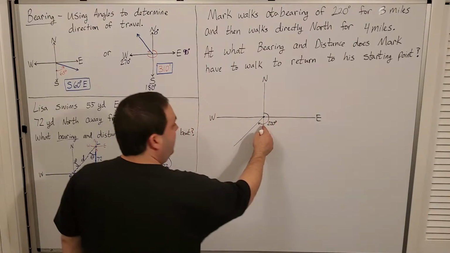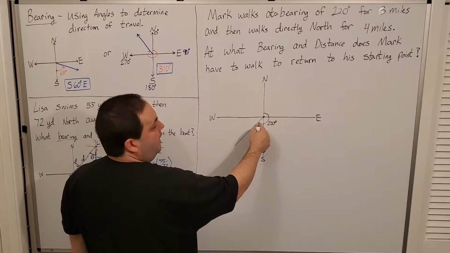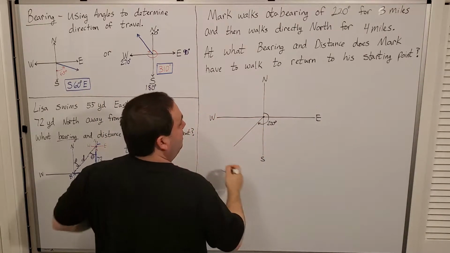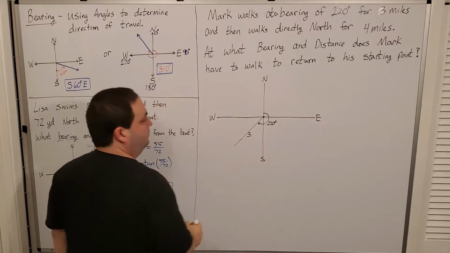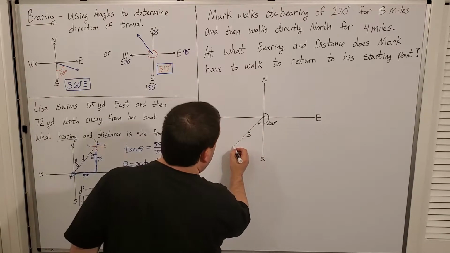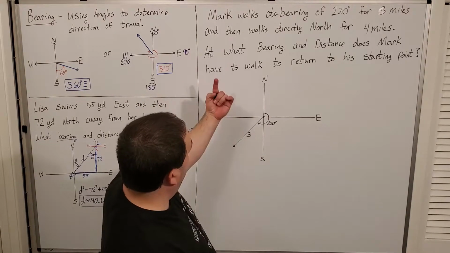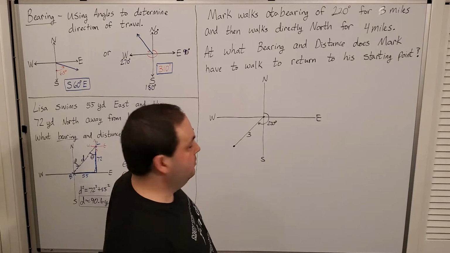Okay, so he rotated himself until he got to the correct bearing, and then he walked. So the length of this right here is 3 miles, 3. Then at this point right here, after he walked that, he decides to walk due north for 4 miles.